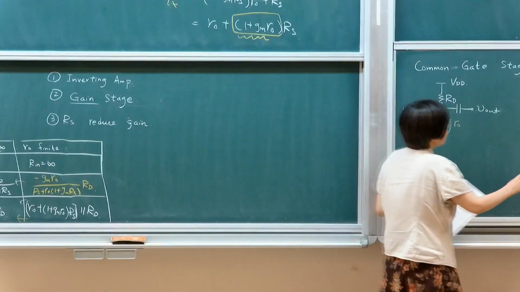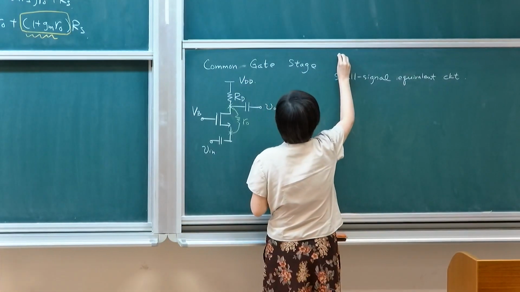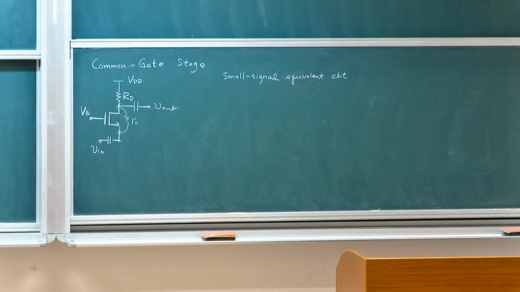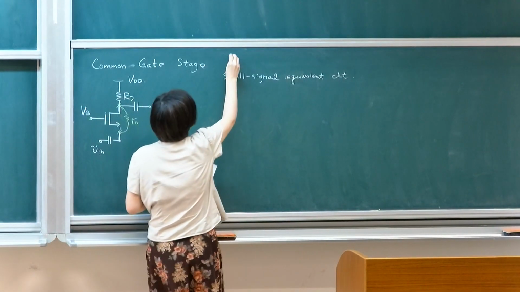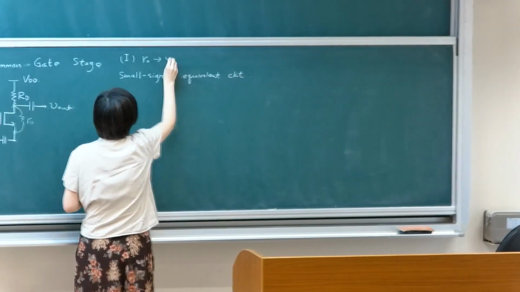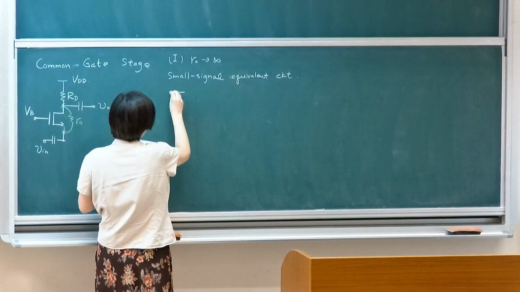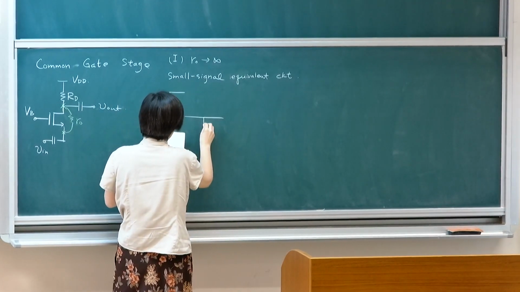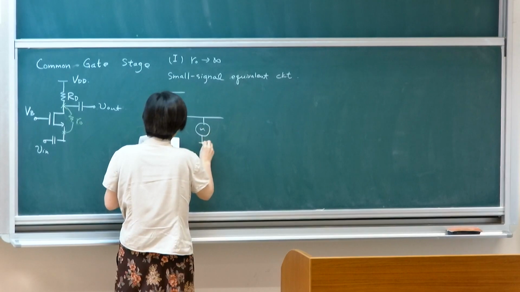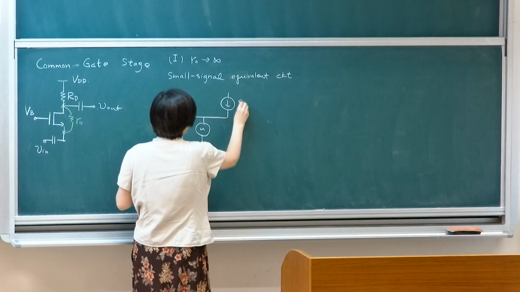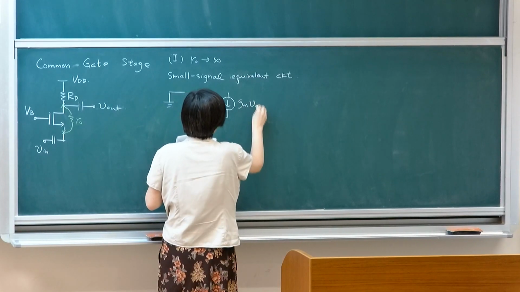Okay, so let's do version A. Let's assume this is infinite. So then your equivalent circuit, just to get a bigger sense as to how the circuit works. This is my input signal, and this is current, gm VGS.